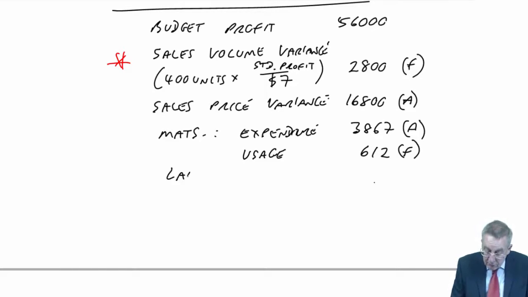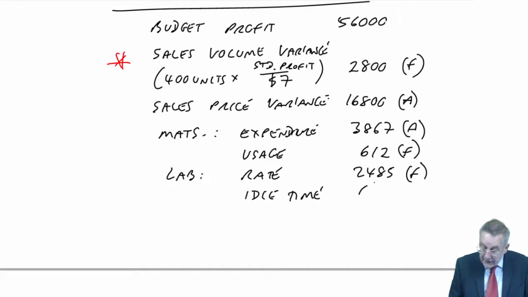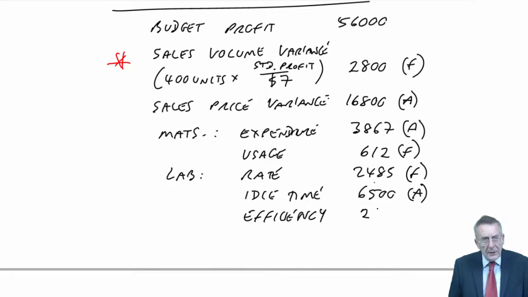We had a labour rate variance of 2,485 favourable. We had a labour idle time variance of 6,500 adverse. We had a labour efficiency variance of 2,000 adverse.